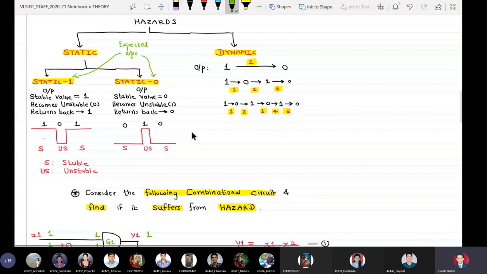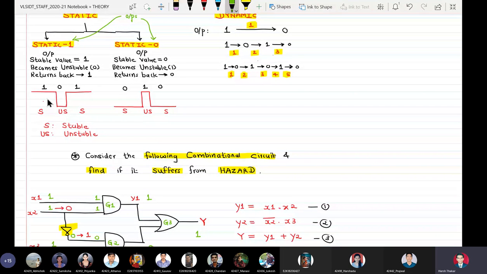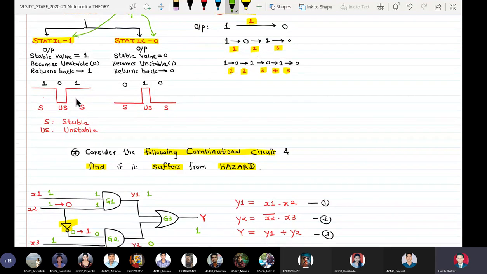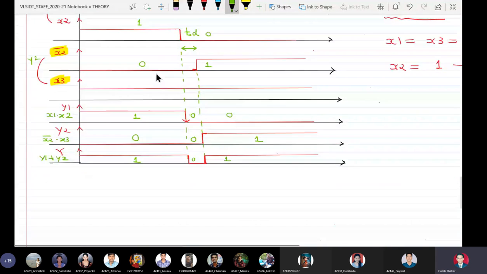We are told that if the output is supposed to remain 1 and goes to 0 and returns back to 1, it is called a static 1 hazard.